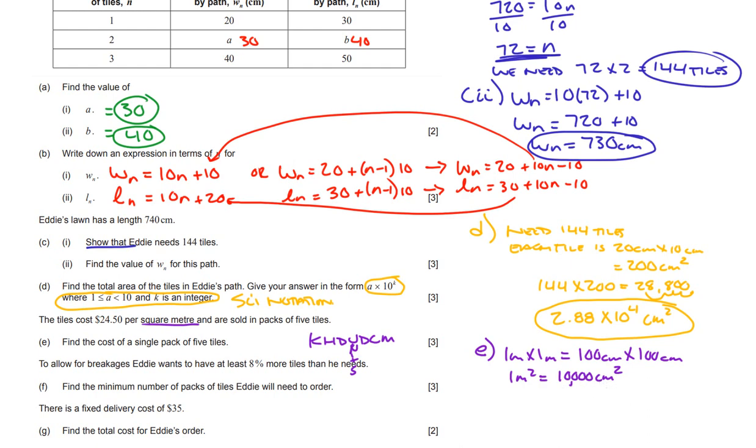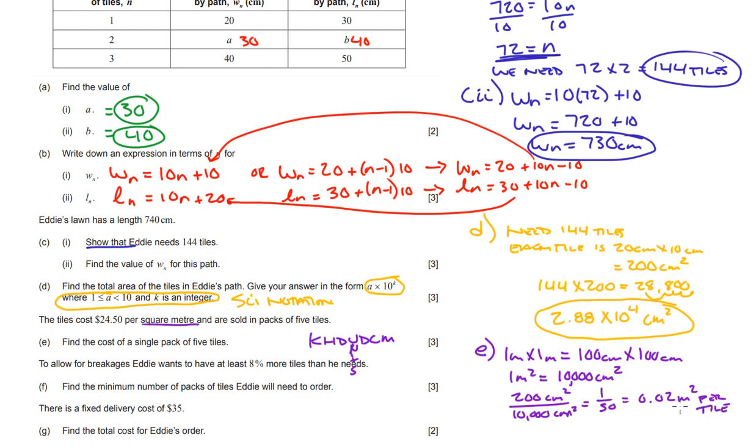Okay, so if each tile is 200 square centimeters, if we take 200 square centimeters and divide it by 10,000 square centimeters, we get 1 out of 50, which is 0.02 square meters per tile.